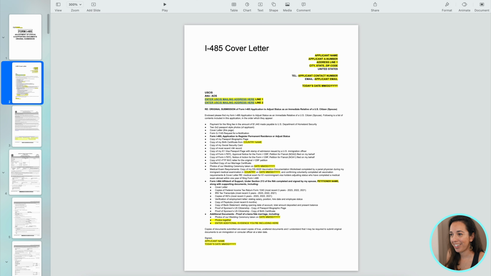The next page is our cover letter. Feel free to use this as guidance for your own application, and we've highlighted aspects that need to be changed to suit your own application. This page contains absolutely everything you need to include for the adjustment of status packet and is written with the correct formatting USCIS mentions in their guidelines.